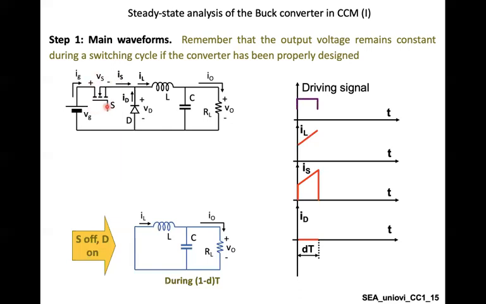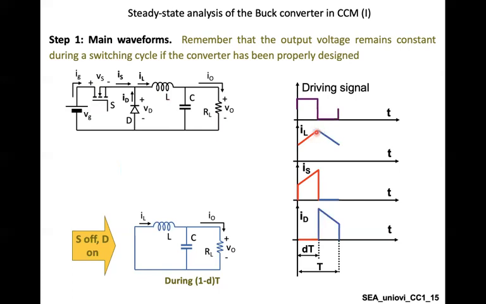What will happen, my dear students? Simply, let's see. First, this input or the gate, the driving signal is going back to 0. Of course, now no current is flowing in the switch. That's why IS will drop to 0, as you can see. What about the current in the inductor? Now the inductor will discharge the current.